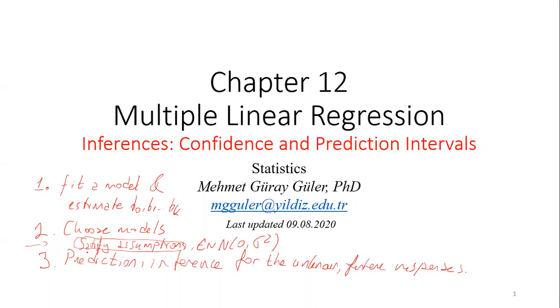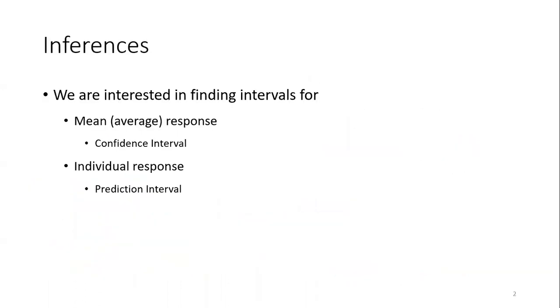Now let's make a prediction and inference for the future responses. Remember, there are two things. The first one is the confidence interval. So let's write our model with three x's: y is equal to beta 0 plus beta 1 x1 plus beta 2 x2 plus beta 3 x3, plus epsilon.